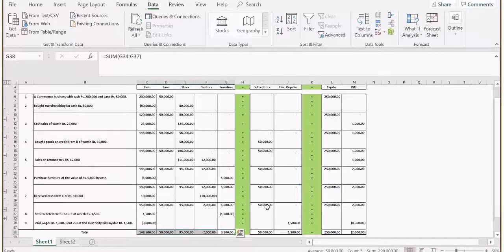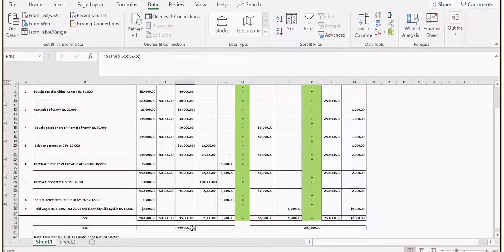On the right hand side, what we have is sundry creditors 50,000, electricity payable 1,500, capital 2,50,000, and P&L 2,500 negative. So if I add up these 4 items together, I'm having 2,99,000, which means my left hand side equals the right hand side. So all these transactions are correct from the accounting equation's point of view.